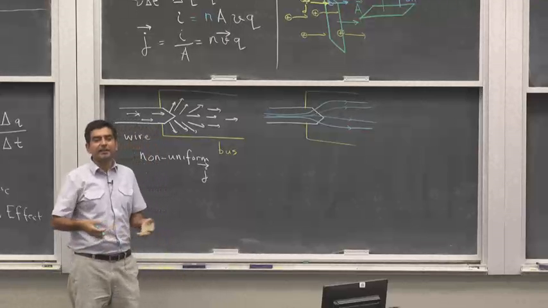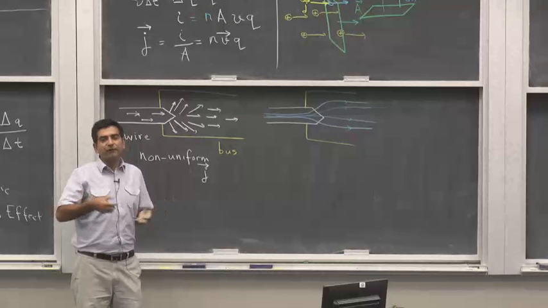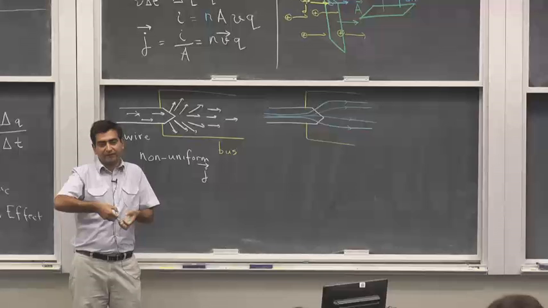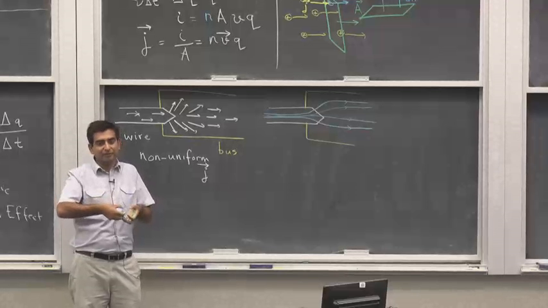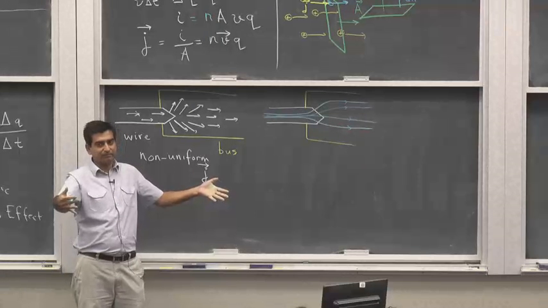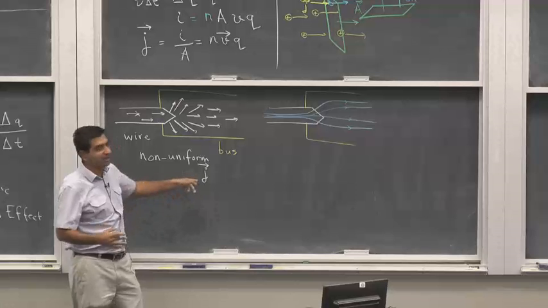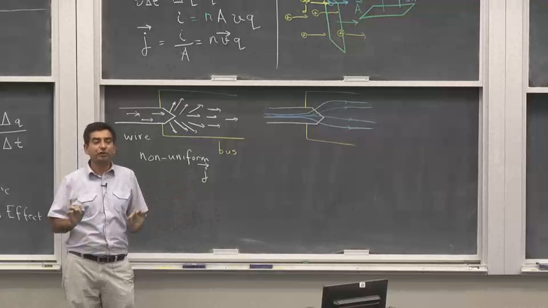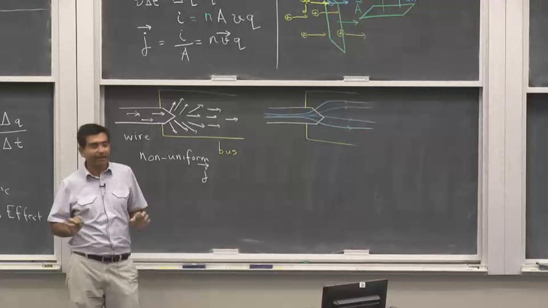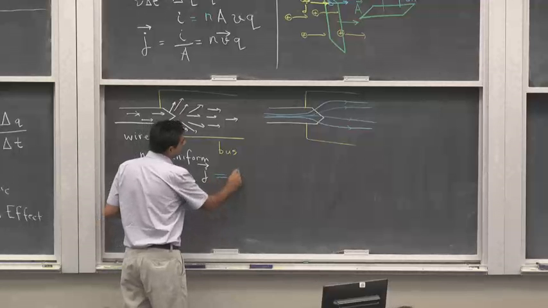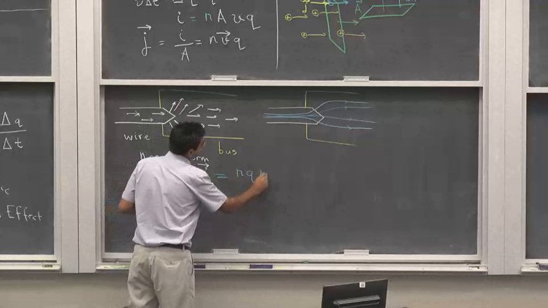It's just like the flow of a fluid through a small orifice, through a small aperture. The fluid spreads out. So the current density J can be uniform, it can be non-uniform, and it's a vector. And remember that this J is always equal to N Q times V.